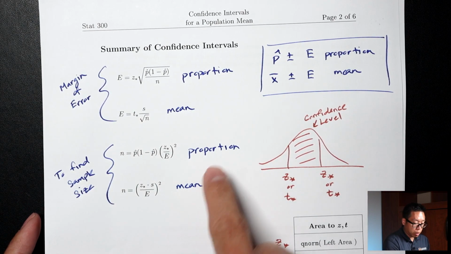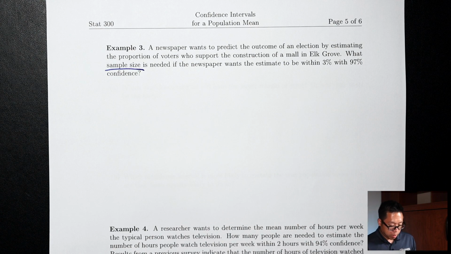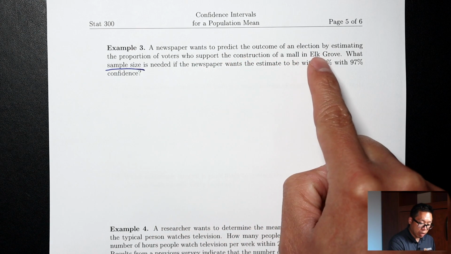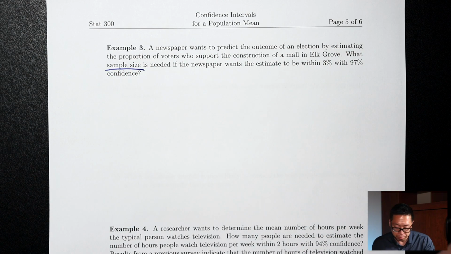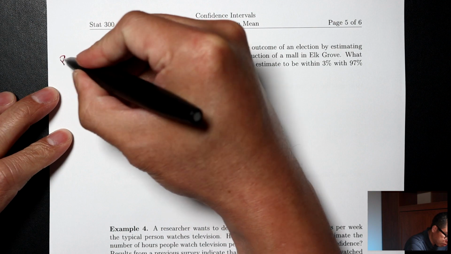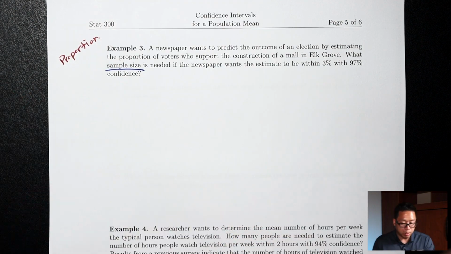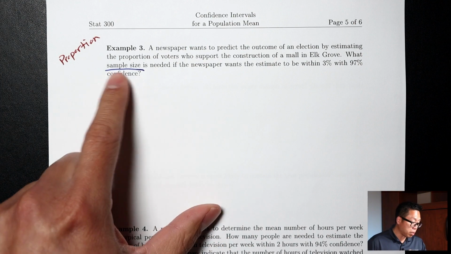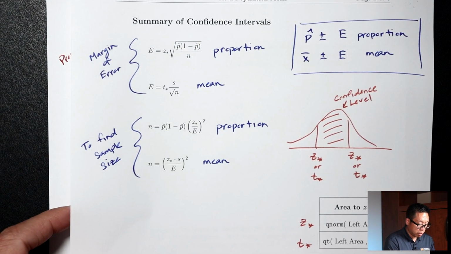The question is, are we talking about proportions or are we talking about means? So if we look at this question again, the newspaper wants to predict the outcome of an election by estimating the proportion. So proportion. So we're looking for a sample size in the proportion situation, which means we'll be using this formula.